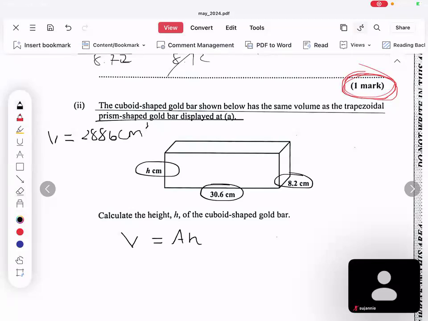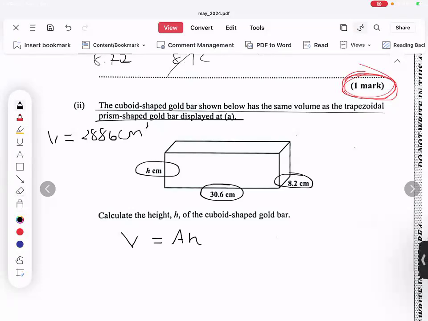If anybody in here can vouch for me, when I was teaching this topic, I think it was sometime in October of last year, I emphasized that you don't need to know all the formulas for all the prisms. All you have to remember is volume is equal to area times height. But once again, we have the same volume, 2886.